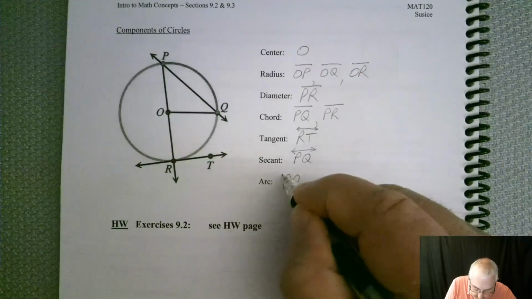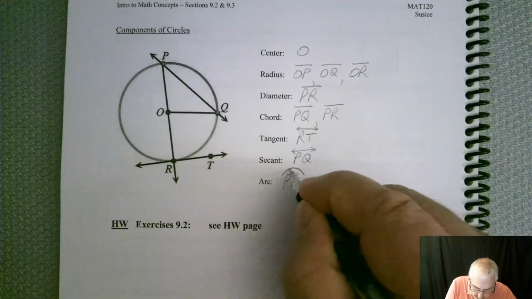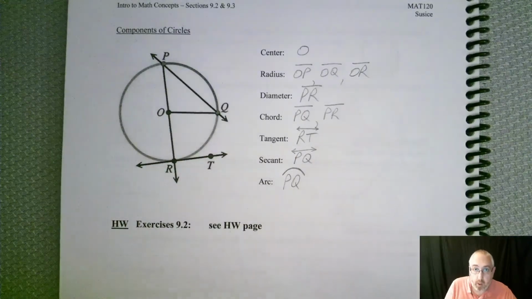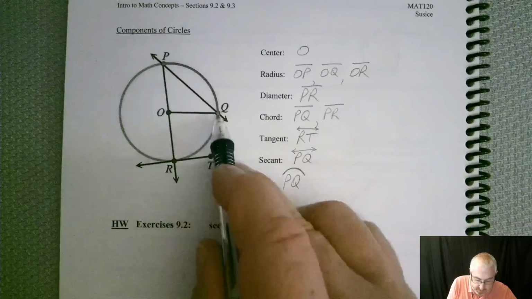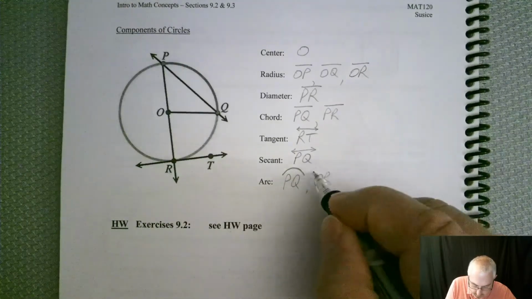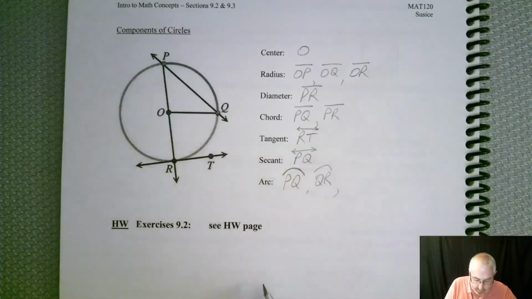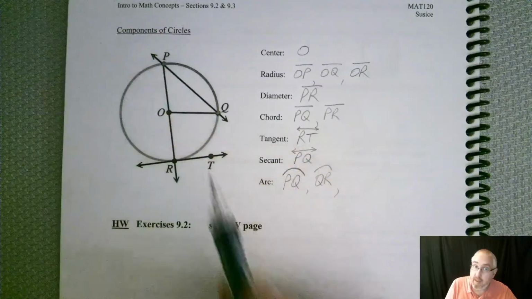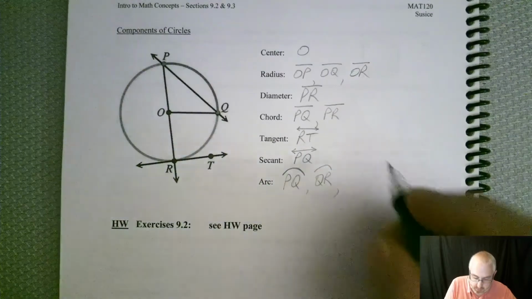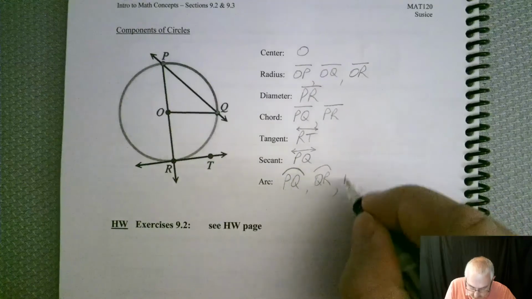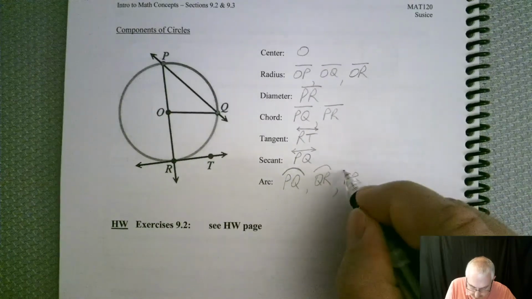And the notation for arc is just a curved line over it. So that's one. And you're probably saying QR is another one. That's right. Well, what about this whole big one right here? That would be an arc as well. So we got RP or PR, whichever way you want to describe it.